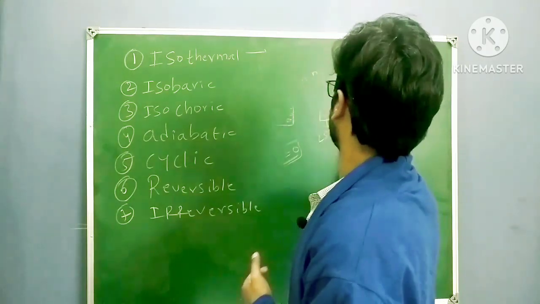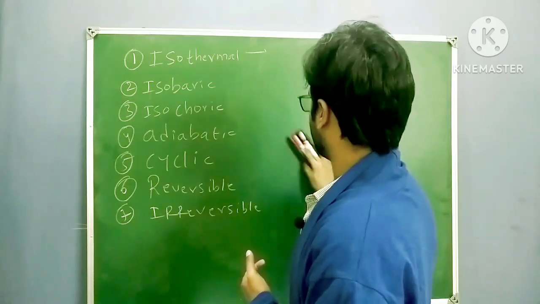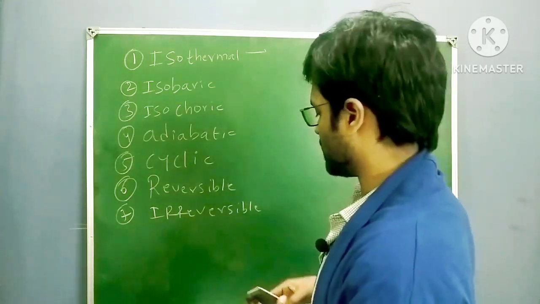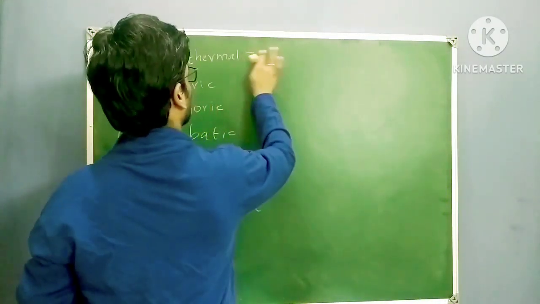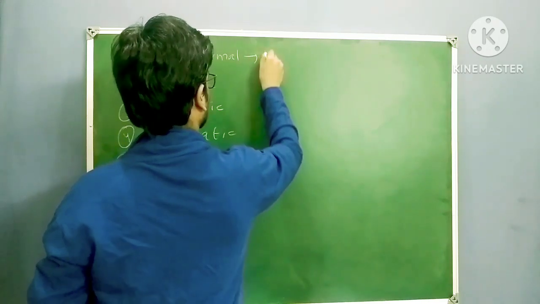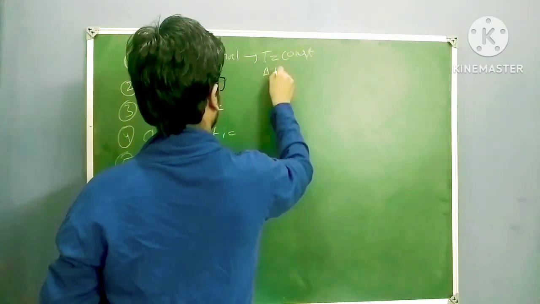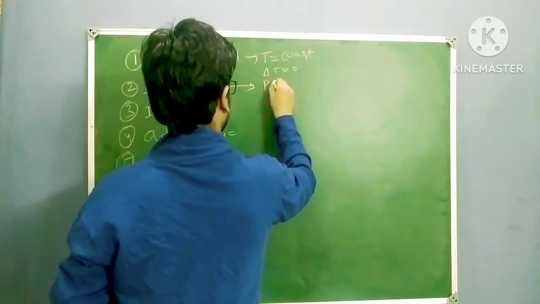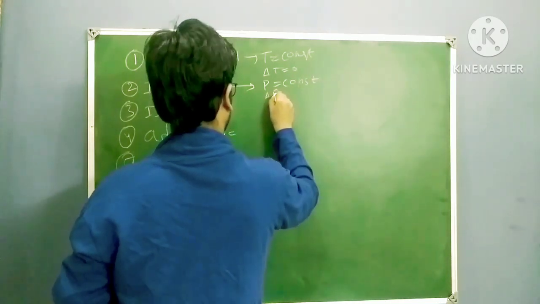So the conclusion is, first of all, iso means constant. A process is nothing but, after applying some operation, if the state of the system changes, then that is a process. So in an isothermal process, temperature is constant, delta T equals 0. In an isobaric process, pressure is constant, delta P equals 0.